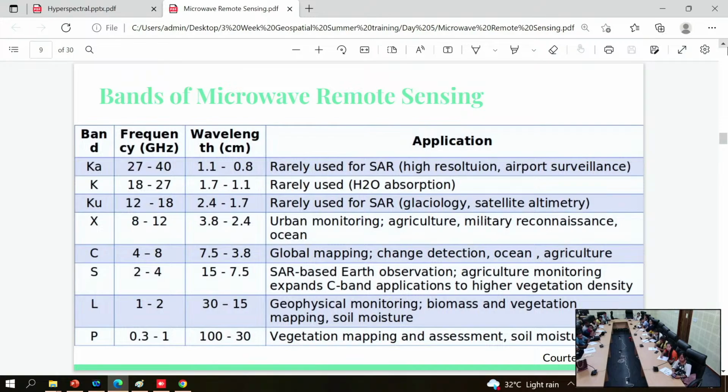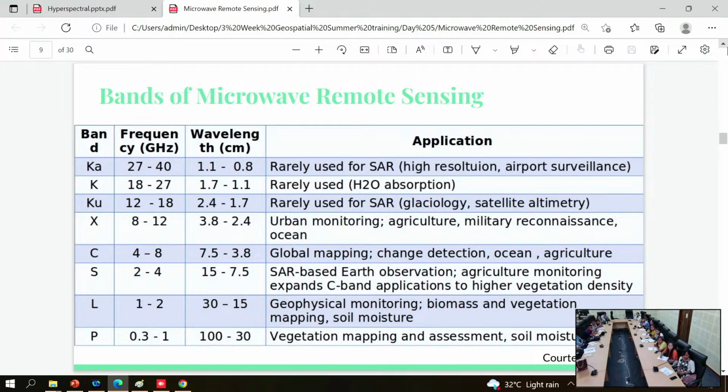Because microwave was used by the army and military in the past, they had code words for them instead of directly referring to them as just band 1, band 2, band 3, which would become too simple, right. So, they referred to them as K band, X band, C band, S band, L band, P band. Then because K band can be further split up, we call it K above and K under. This is the range of each of those, the associated wavelengths.